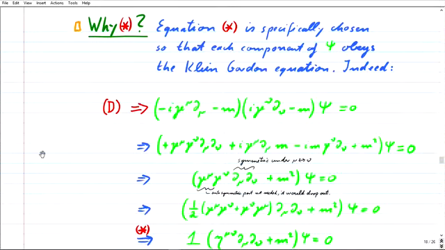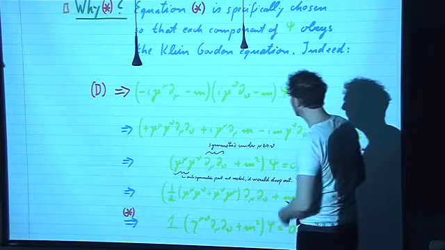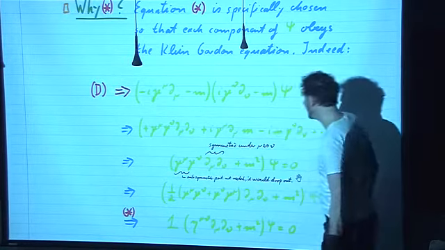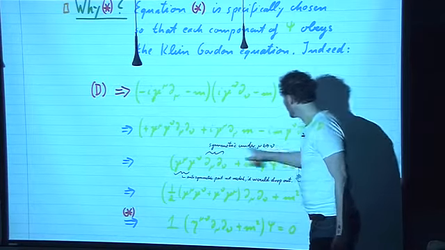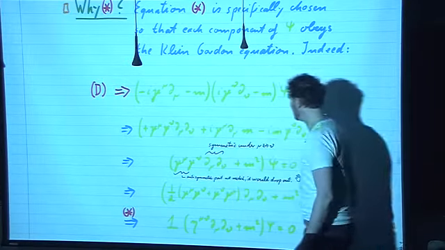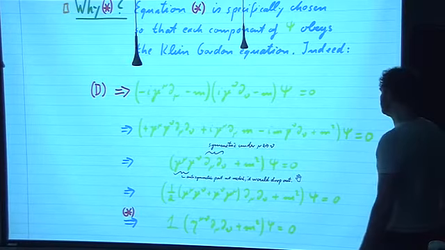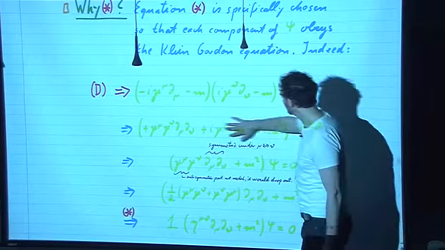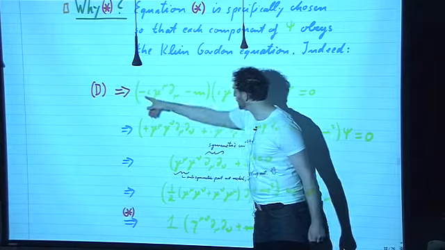Now, let's collect these terms. And then what we observe here is that these 2 derivatives are symmetric. I mean, it doesn't matter whether you write d nu d mu or d mu d nu. The middle 2 terms cancel each other because we've chosen the sign here to be opposite of the sign there.